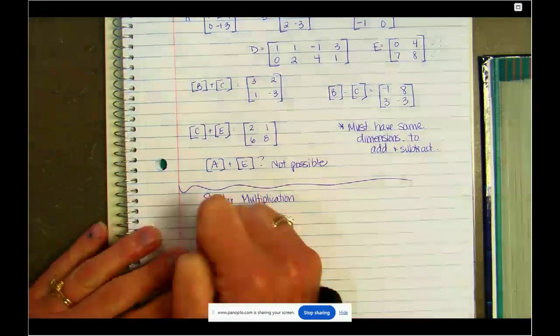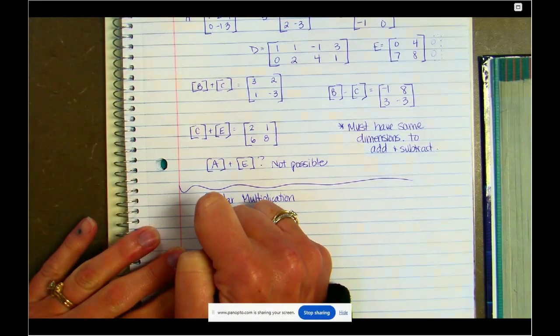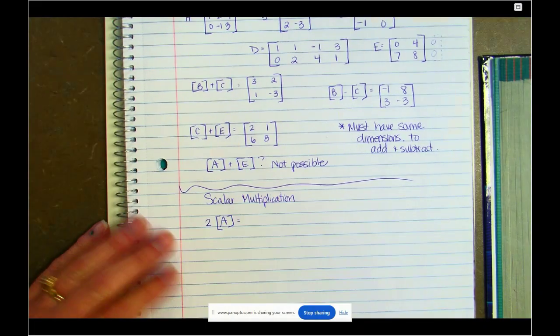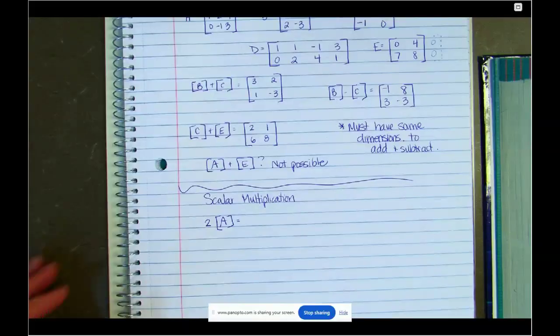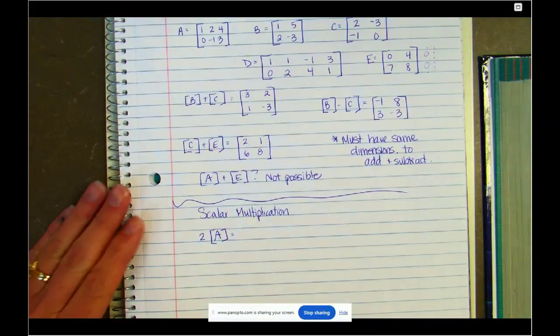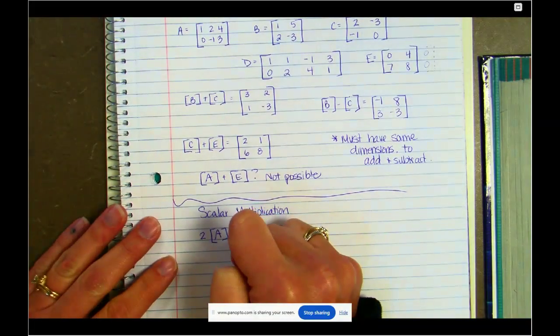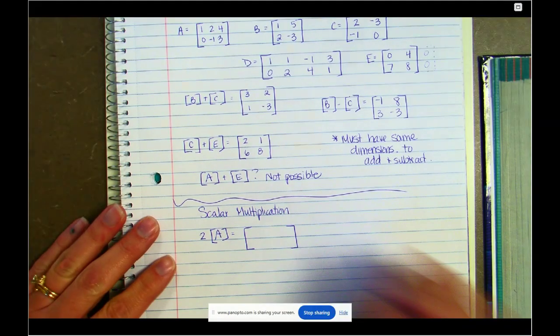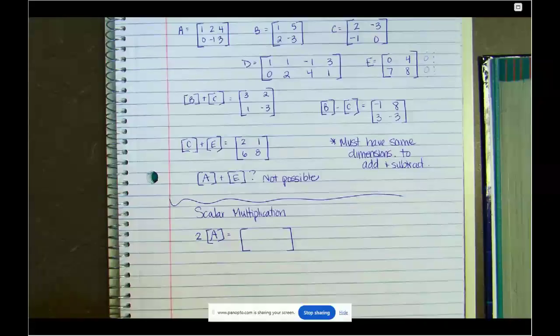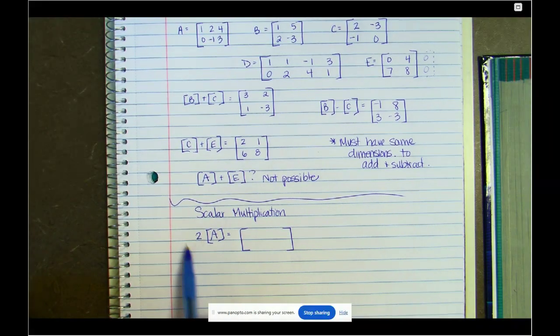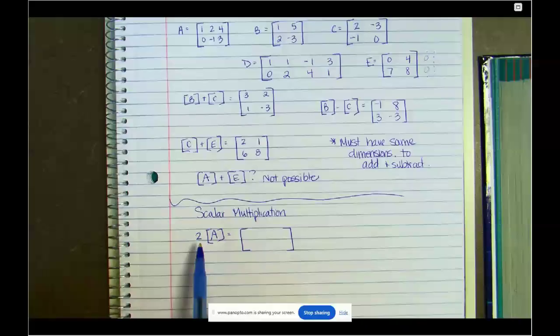So if I asked you to do 2a, pretty easy. Okay, and because it's a scalar, just one thing, changing the scale, that's why it's called a scalar, so don't freak out on the word, okay?